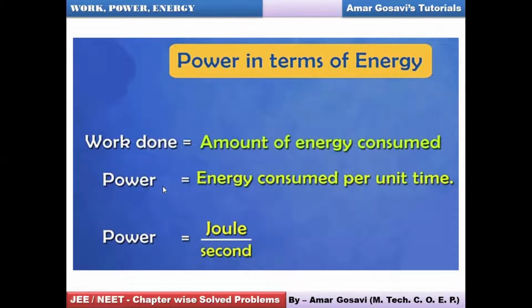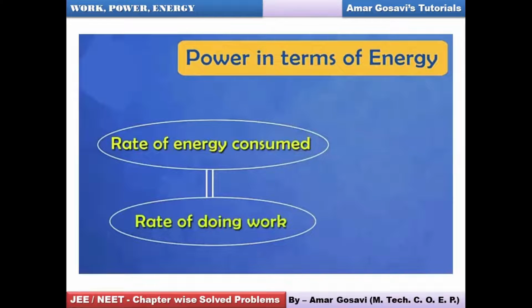You can talk about power either with respect to work done or with respect to energy consumed. In simple words, power in terms of energy is the rate at which energy is consumed, and in terms of work done it is the rate at which work is done.